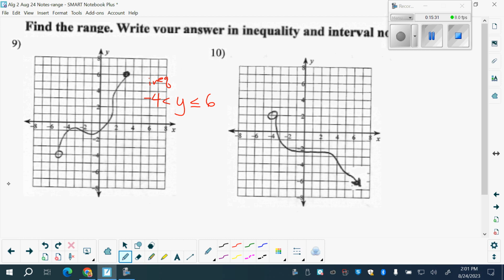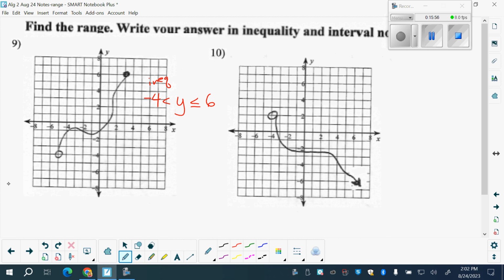So with the one, the y's have to be. What was your question? Like this one, the y has to be. Yeah, the y, yes, because we're talking about range. Does that make sense? I know we're used to doing an x, and if you notice, when I first did it, I went to put an x accidentally, and then realized, wait a second, we're doing range, so it's a y.